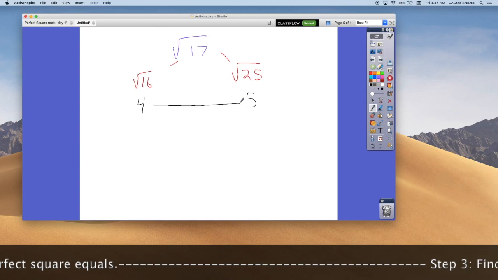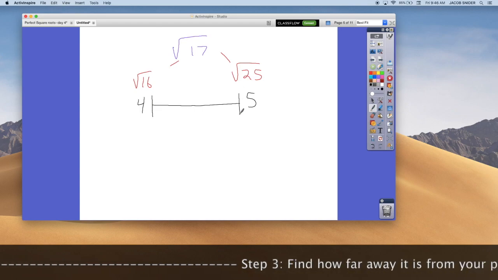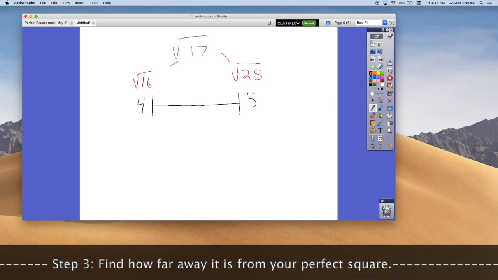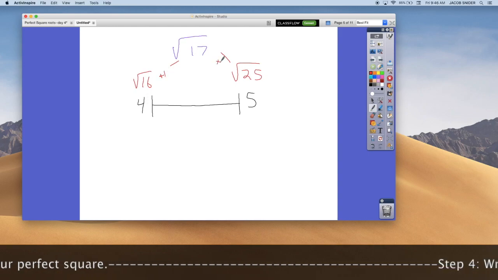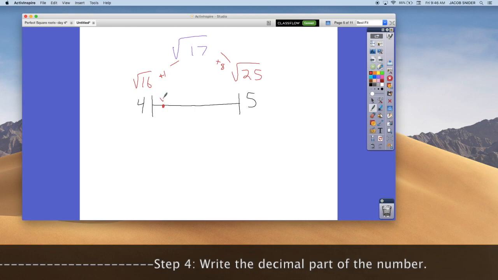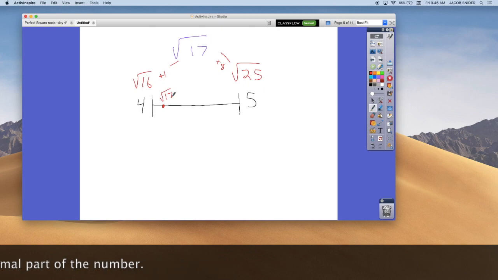Now, if I think to my number line, there's 4 and 5. Where would the square root of 17 fall closer to? Is it closer to 16 or is it closer to 25? Well, here it's only 1 away. Here it is a whole lot more than 1 away. In fact, it is 8 away. So I know that my answer is going to be closer to 4 than it is to 5, and a whole lot closer.